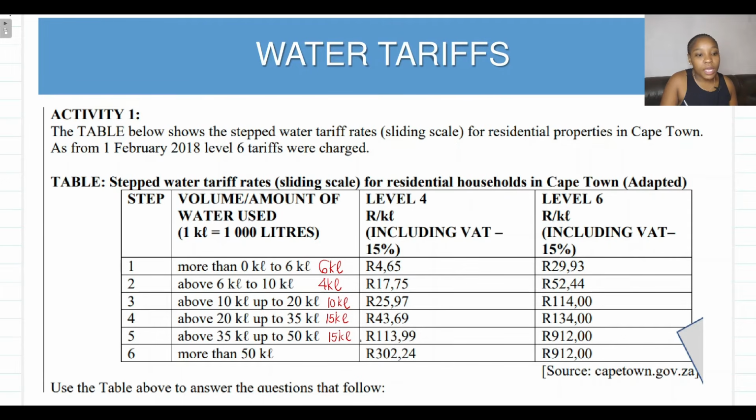So we continue. Plus this 10 kiloliters that we've added, so far how many kiloliters of water have we consumed? 20 kiloliters of water. So we need to continue until we get to 35 kiloliters. If you add this 15 kiloliters of water there, we now have 35 kiloliters of water.